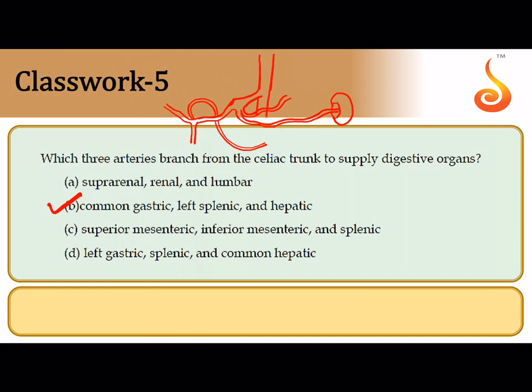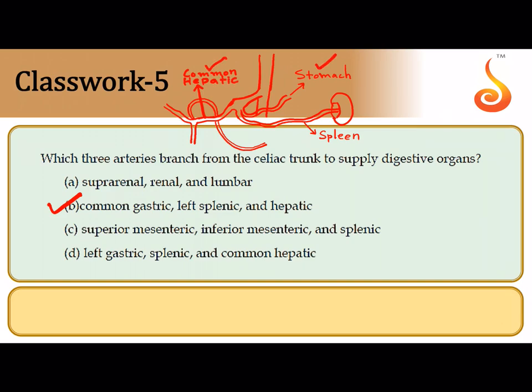So remember, this is the artery that supplies the stomach, and this is an artery that supplies oxygenated blood to the spleen, and this artery which is coming down is called the common hepatic artery. That is, it is taking the blood to your liver.